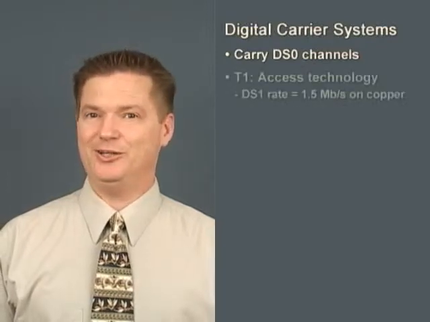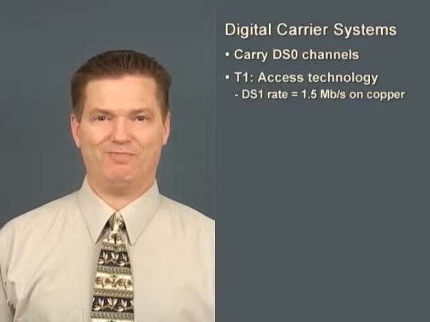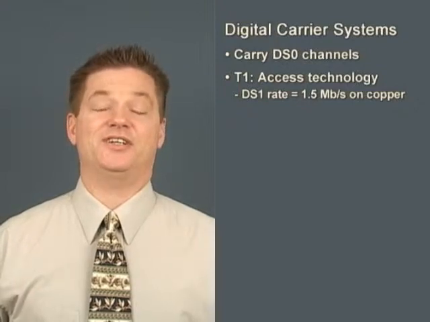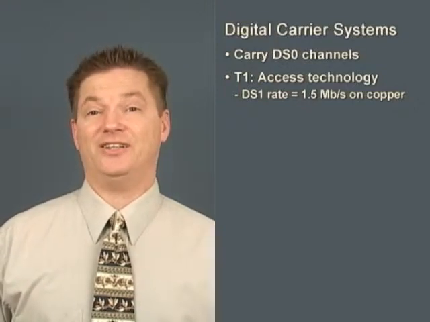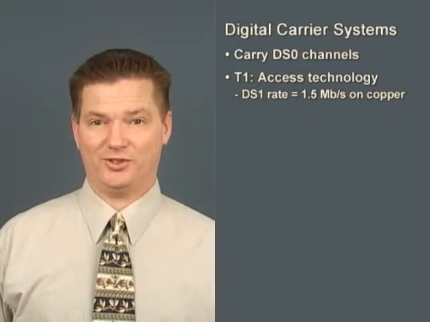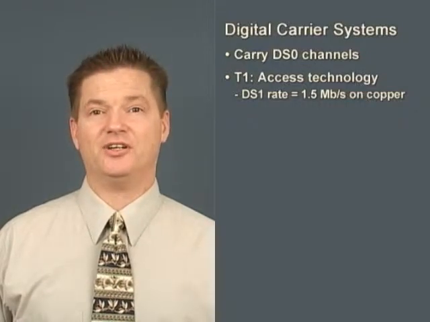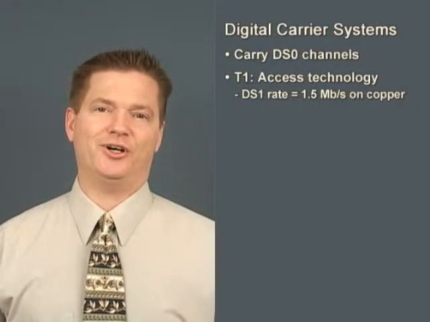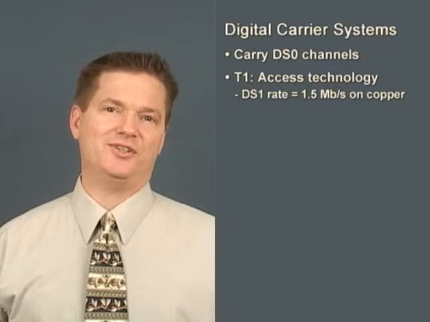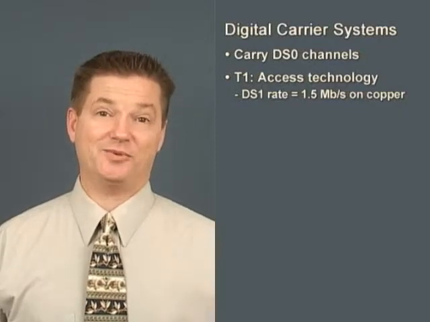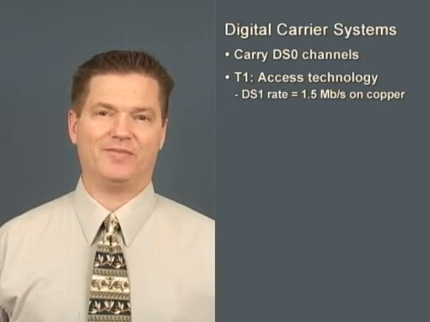Probably the most popular and widely deployed in North America has been the T1 transmission system. This is a system that was designed to carry the DS1 rate, which is 1.5 megabits per second, on 4 copper wires. So T1 is the technology, DS1 is the speed that it runs at.